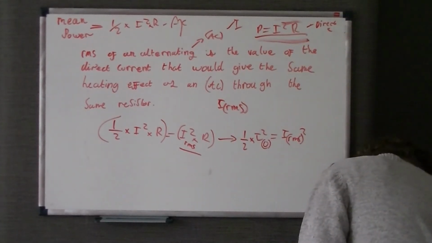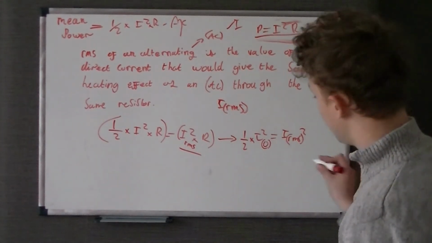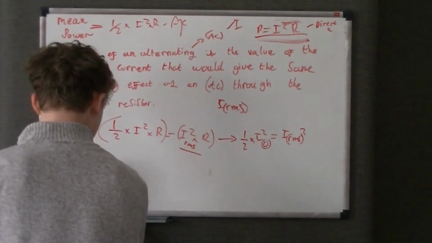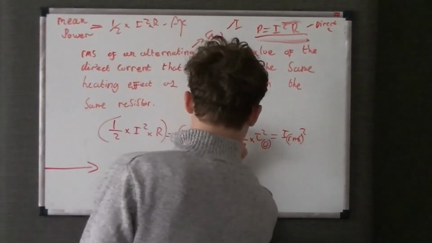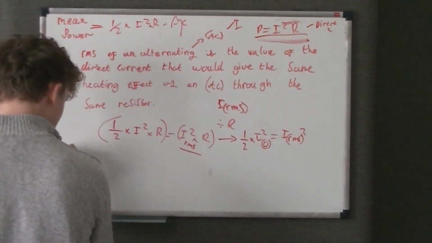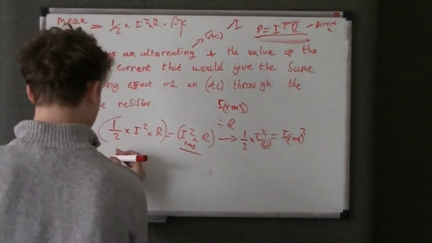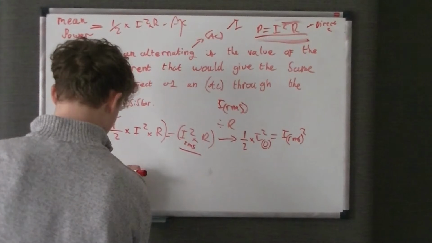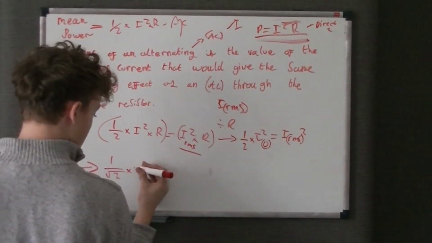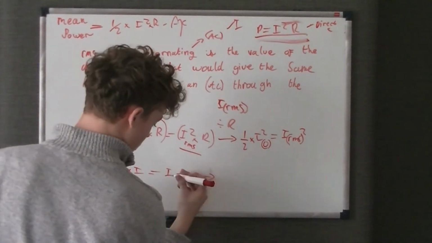And obviously we can square root, because they're both squared, so we square root both sides. I just put actually divide by R so you know how we've gone through each step. Square root. So if we square root I squared times a half, we get 1 over root 2 times I equals I RMS.